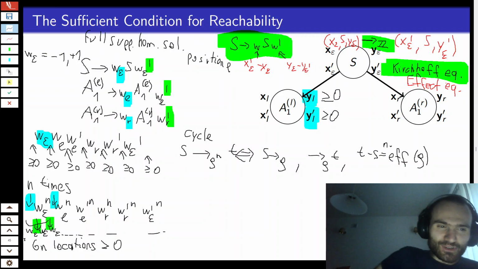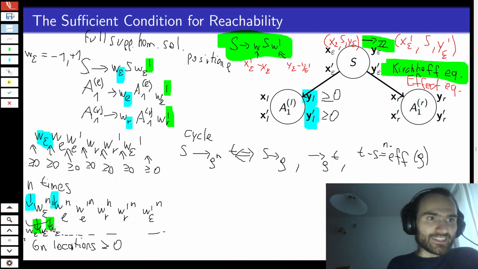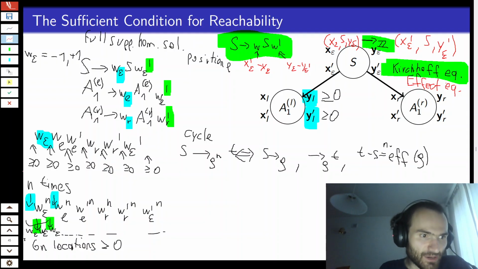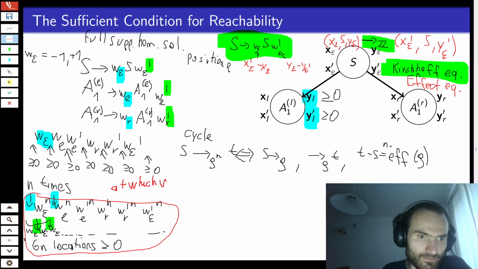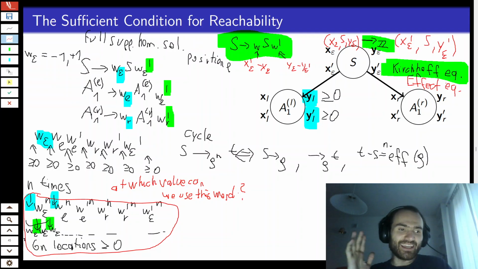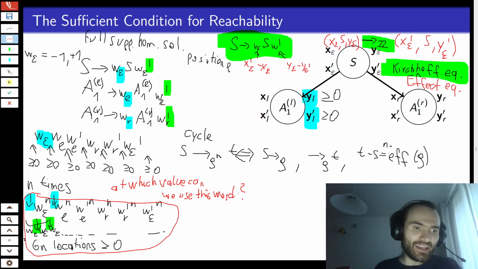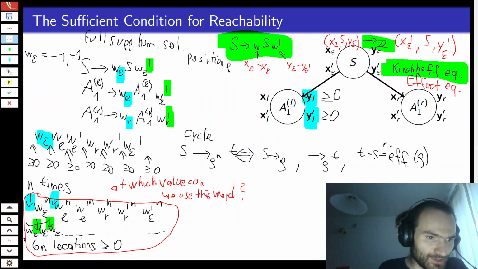Why is this useful? Well, think about at which value can we use this word. And now, instead of thinking about this for a long time, just think about what I just told you.